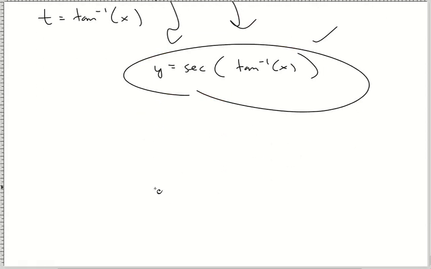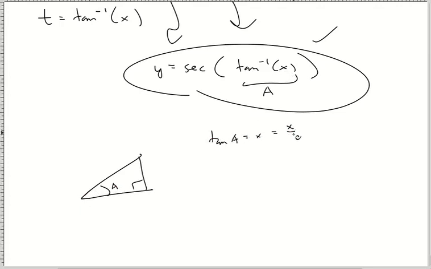So what we need to do is to simplify this a little bit. I see this here as an angle A. And so I have a triangle, my angle A. And notice that tangent of angle A is equal to x, which is technically x over 1. So opposite over adjacent. This leaves the hypotenuse as the square root of 1 plus x squared.